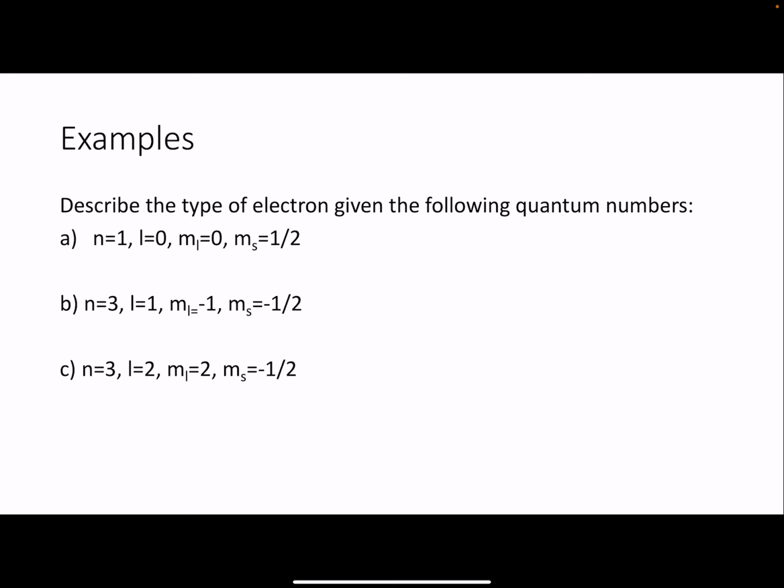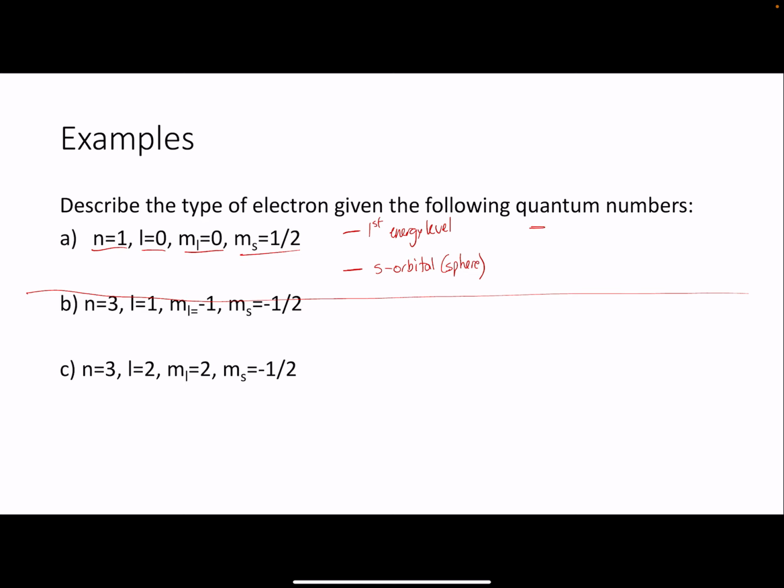So, for some examples, here are a set of quantum numbers. Let's describe the electron: size, shape, orientation, and spin. So n equals 1. The first thing that tells us is that this electron is in the first energy level. L equals 0. Well, when L equals 0, that means it's in the s orbital, which is a sphere shape.